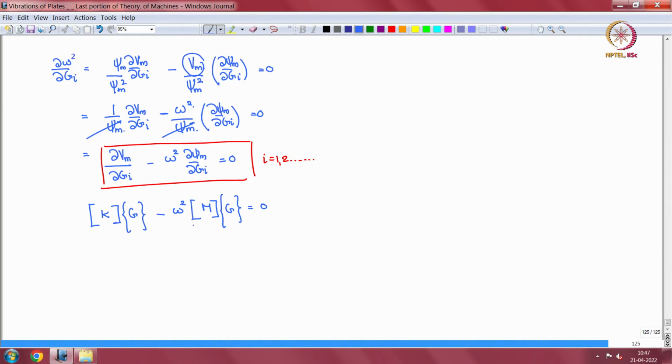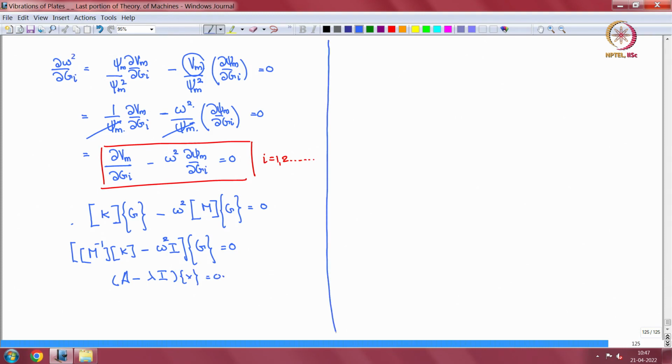If I multiply by M inverse, I get M inverse K minus omega square I into G equal to 0. You can see that it looks like A minus lambda I into x, the eigenvalue problem.